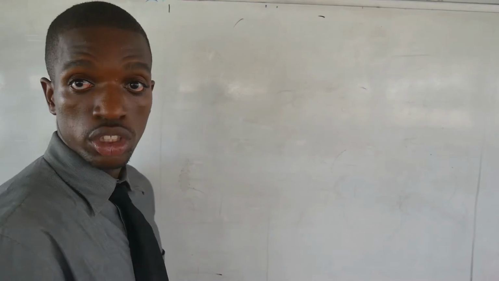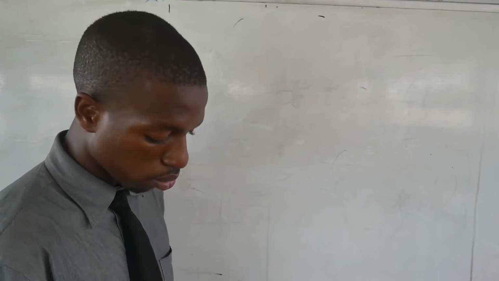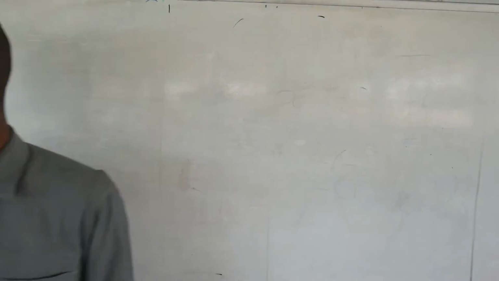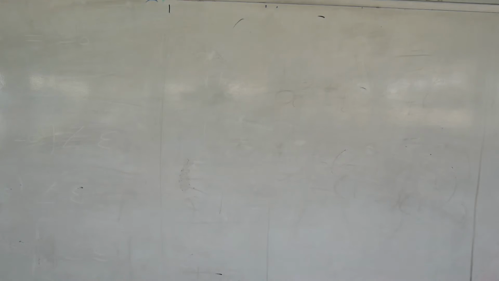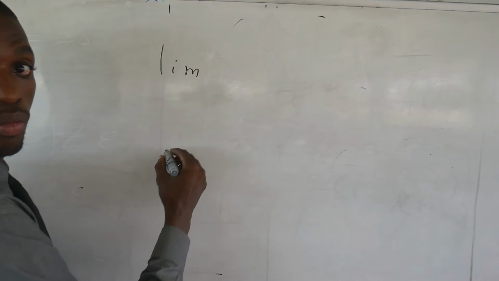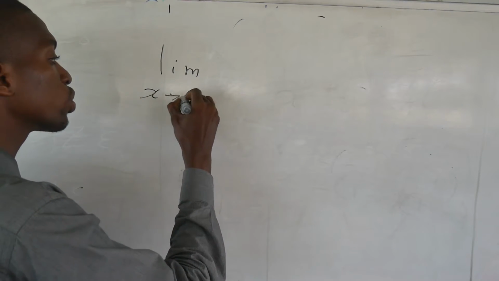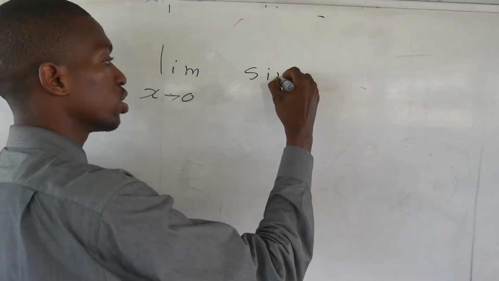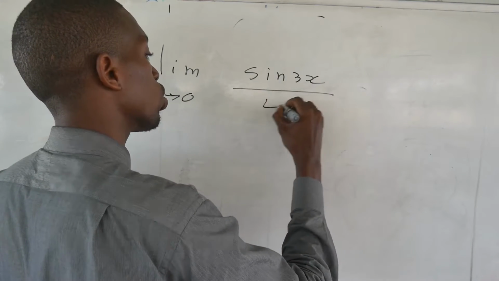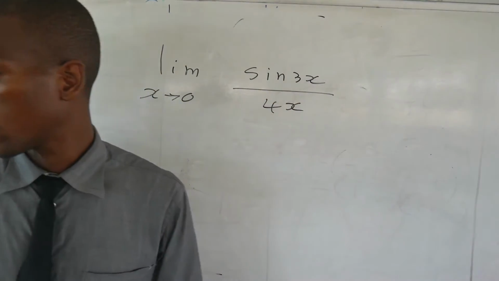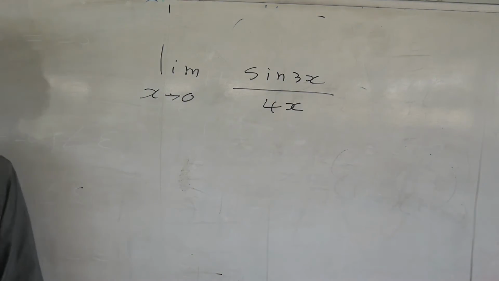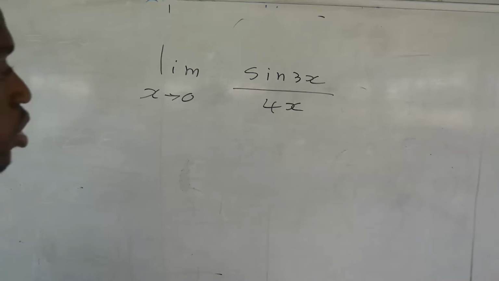Alright, so let's get right into the work. What is the first question? The limit as x goes to 0 of sine 3x over 4x, or is it the other way around? 4x over sine 3x.